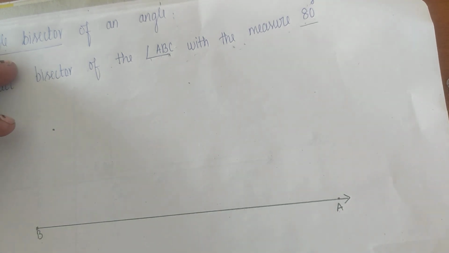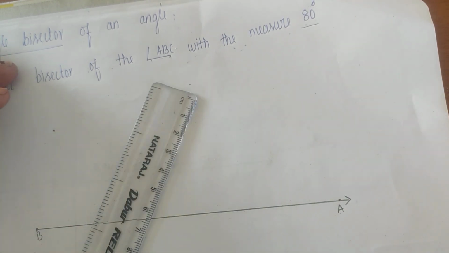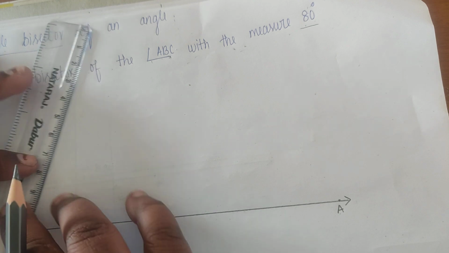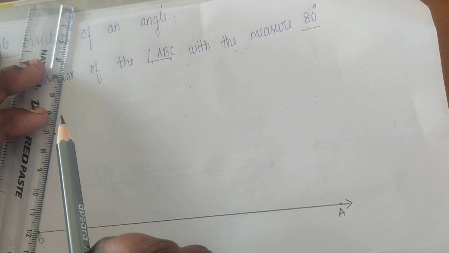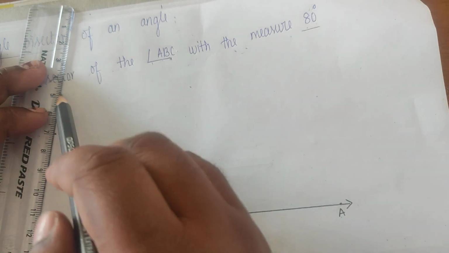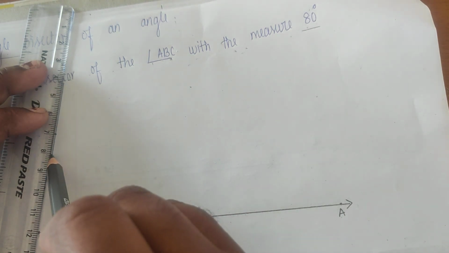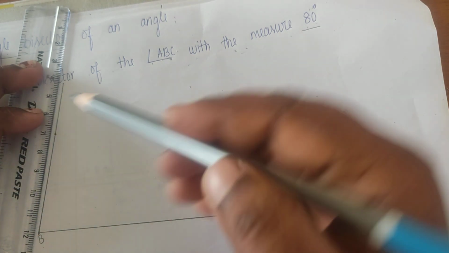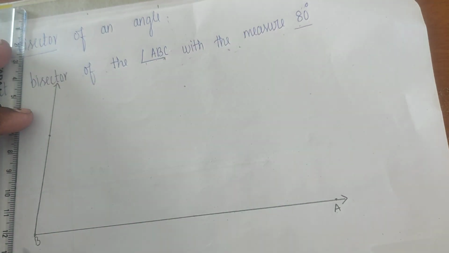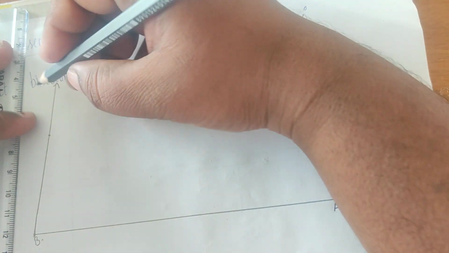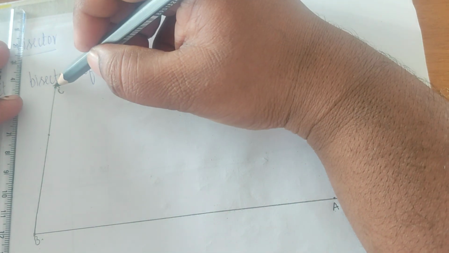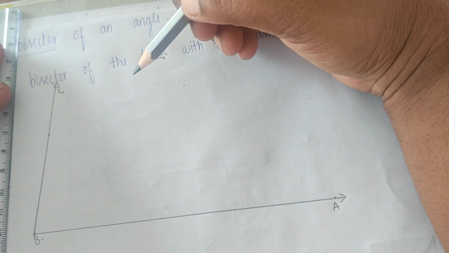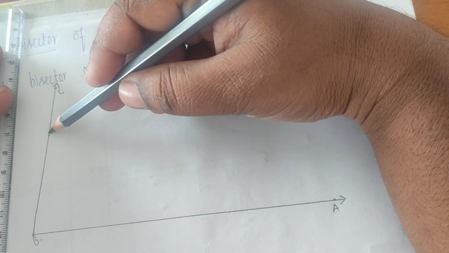And using the scale, draw a line. Okay. So this one is named A, this one is named B, and this point is named C. Okay. So this one is 80 degree.